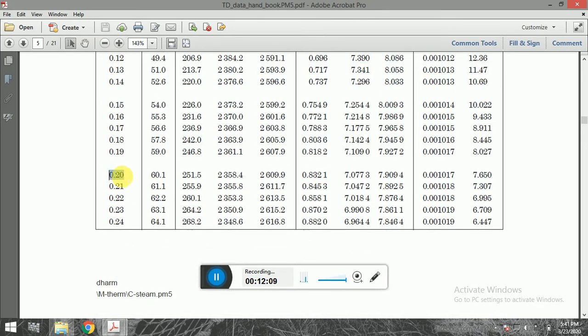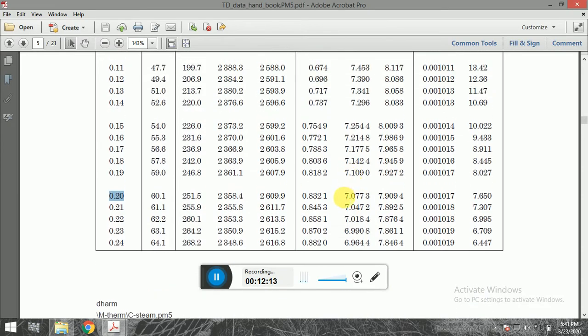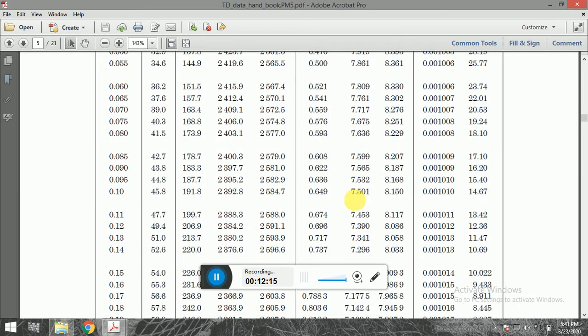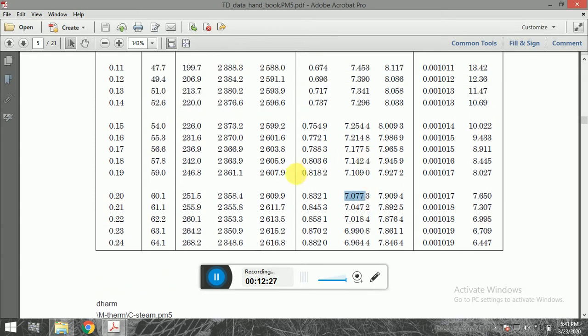At 0.2 bar, the Sf value is 0.8321 and the Sfg value is 7.0773. So we note down the Sf and Sfg values.